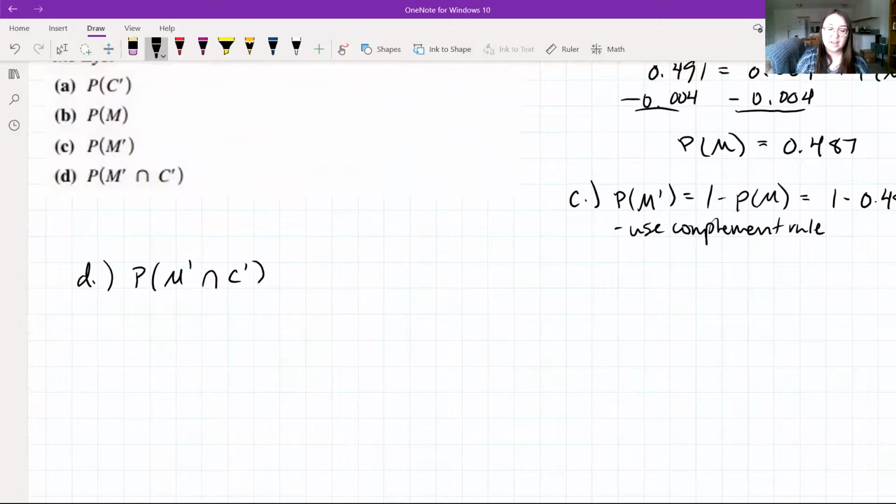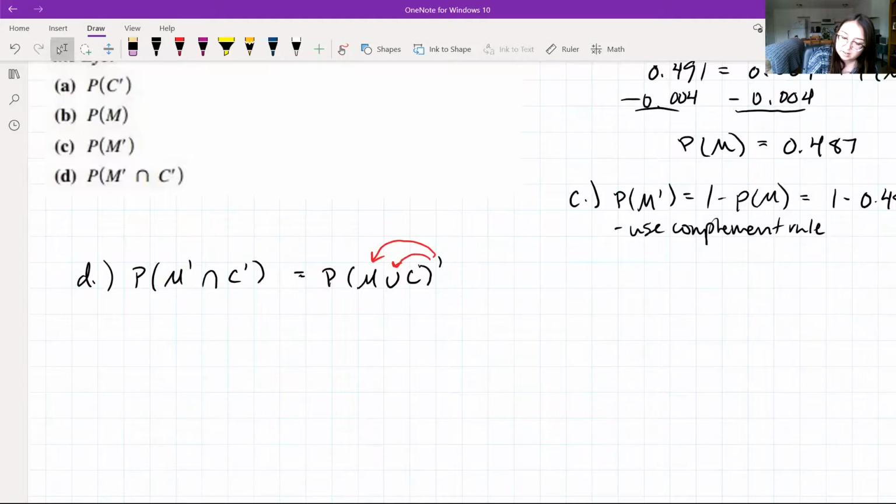The probability of M prime intersect with C prime is the same thing as the probability of M union C all prime, or the complement of the probability of M union C. And this is because essentially we can distribute our complement sign. The complement of the union is the intersection. The complement of M is M prime, and the complement of C is C prime.